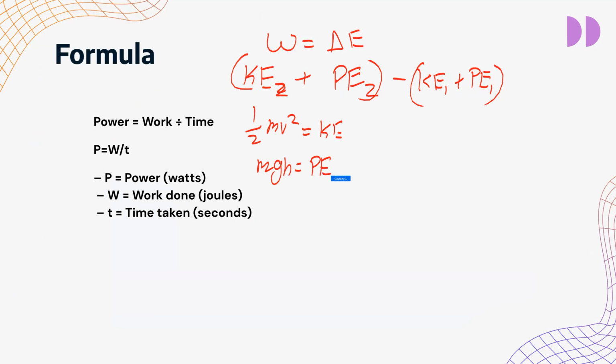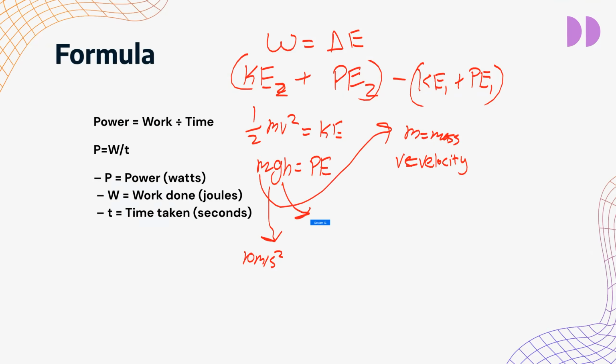M is equal to the mass, v is equal to velocity, and same thing here, m is equal to mass. g is equal to the gravitational acceleration, and in this class, we're just going to say that g is equal to 10 meters per second squared because 10 is a nice round number. It's actually equal to 9.81, but I don't want to make it too complicated. And h is height.